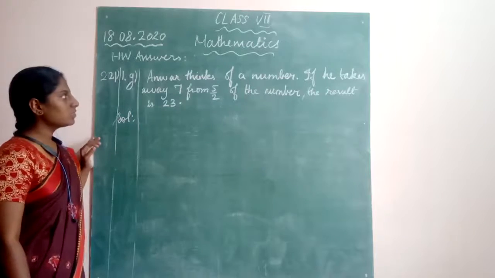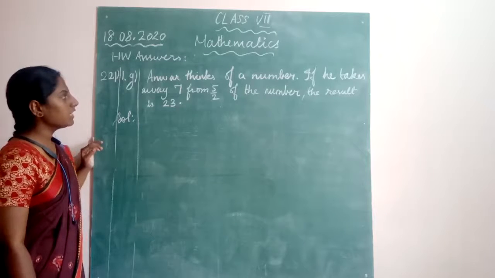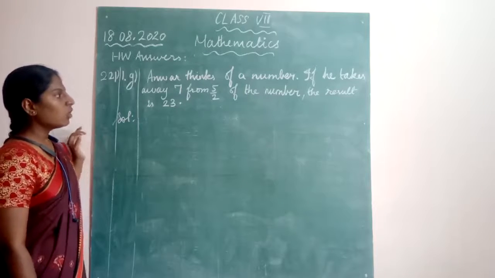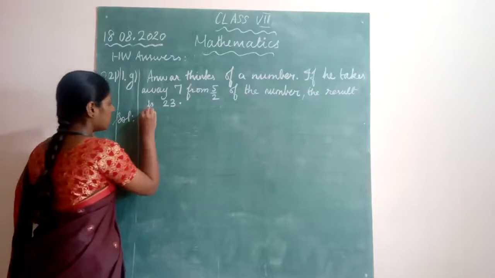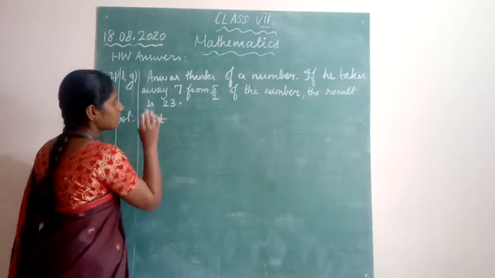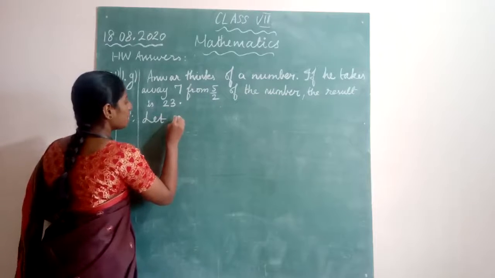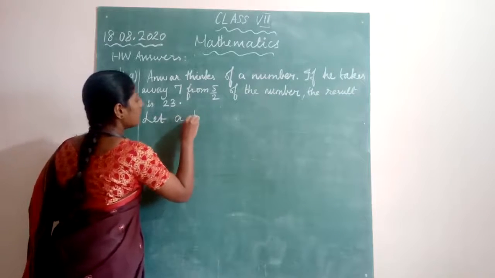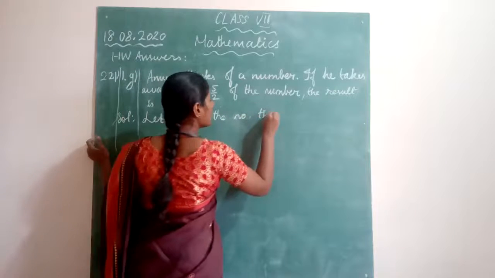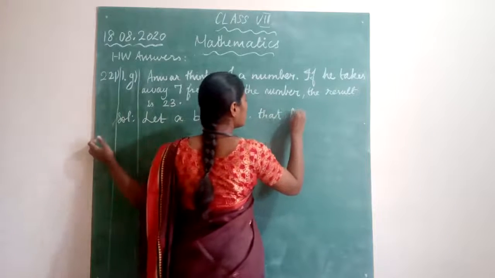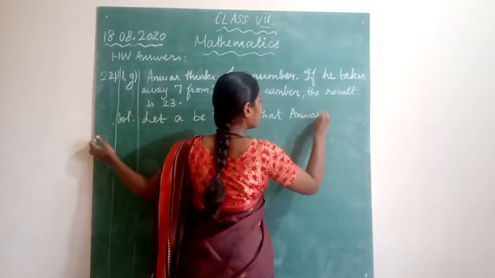This is your next question. Anwar thinks of a number. If he takes away 7 from 5 by 2 of the number, the result is 23. So let us keep the number that Anwar thinks. Okay. So let A be the number that Anwar thinks.